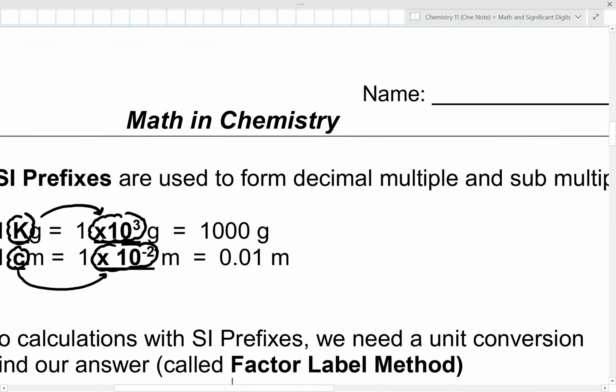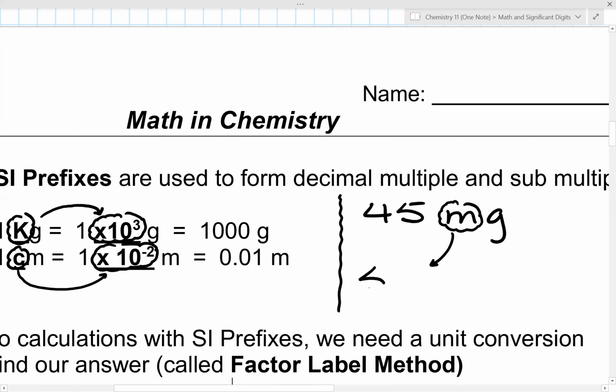Now, here is a general way to read SI prefixes as a review. So let's say we had 45 milligrams. The first letter generally is the SI prefix.